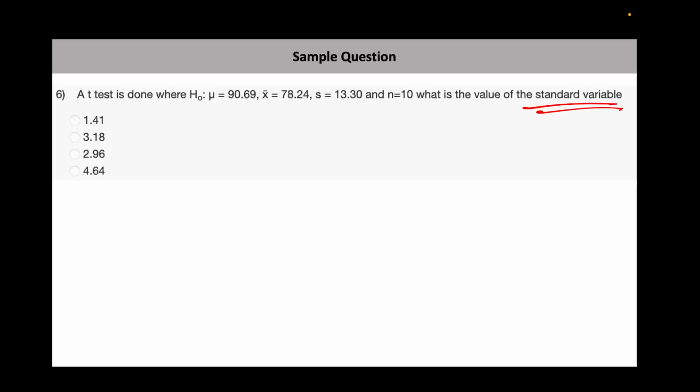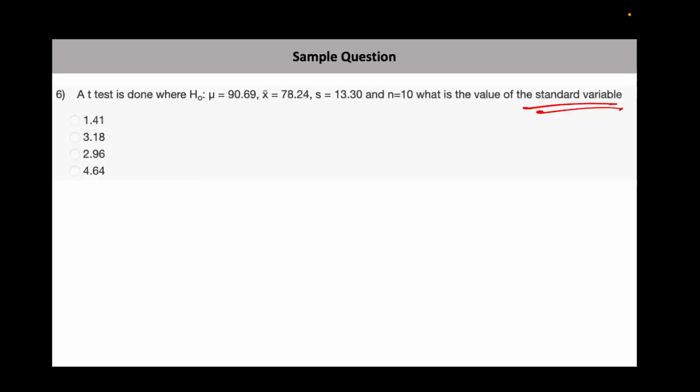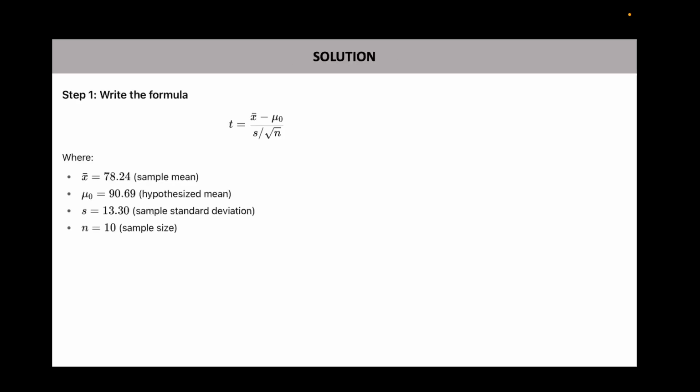Okay, so let's try to solve this question. In this question, a t-test was done. The formula for the t-test is x bar minus mu naught upon s by square root of n.